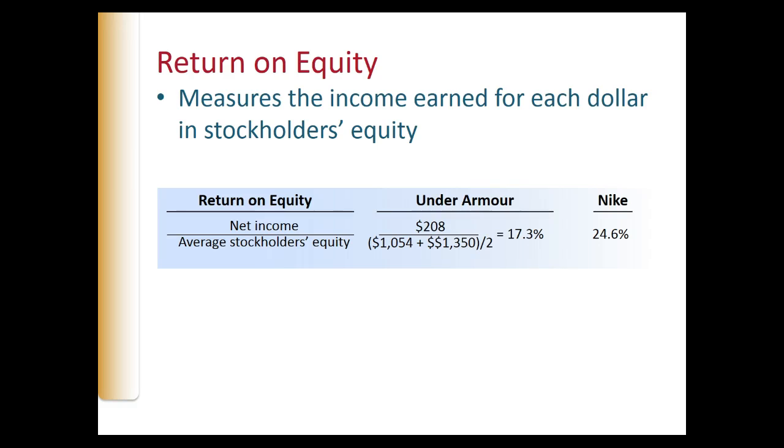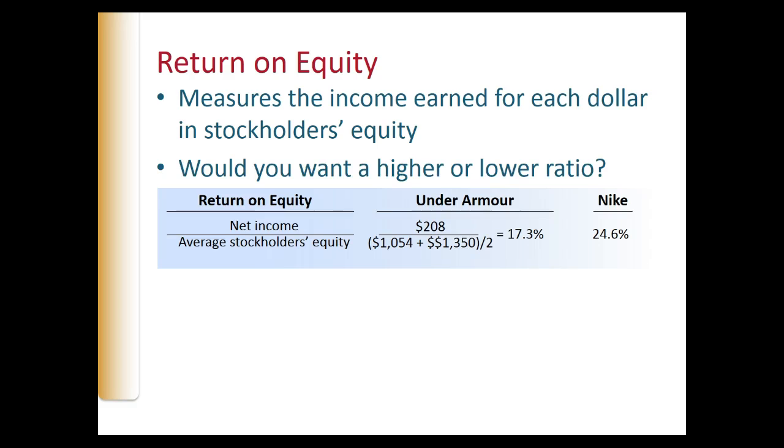Nike has an even higher return on equity of 24.6%. Nike's return on assets is 3.6 percentage points higher than Under Armour's, while its return on equity is 7.3 percentage points higher than Under Armour's. This is because of financial leverage, the amount of debt each company carries.